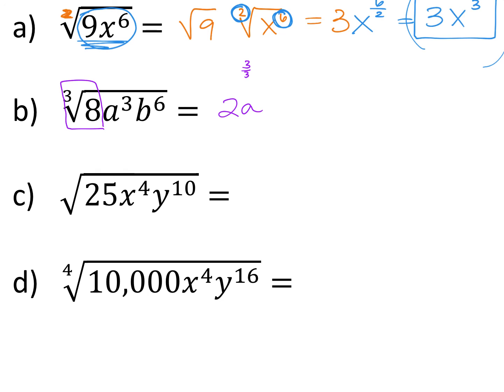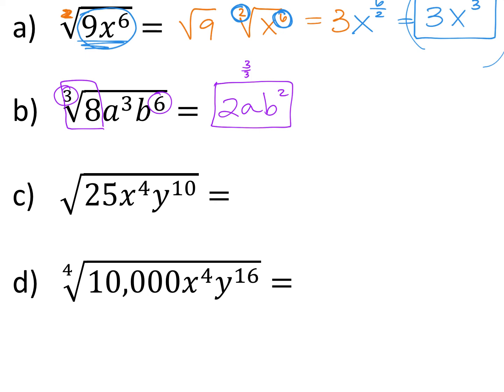And then b to what power? B to the 2nd power, yeah. So you're doing 6 divided by 3, and that gives you this. Okay? Again, if you want to check it, cube the whole thing. 2 cubed is 8. A cubed is a cubed. B to the 2nd cubed is b to the 6th. So we know we got the right answer.